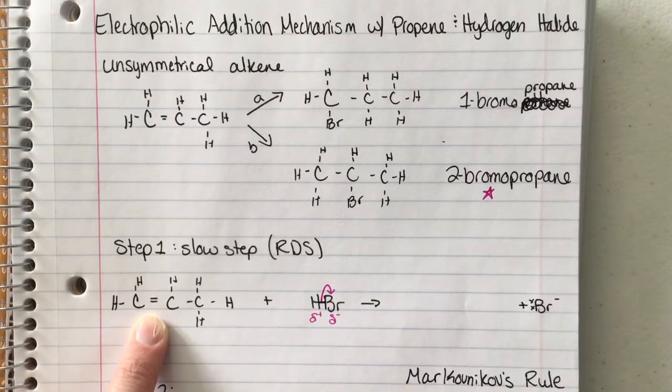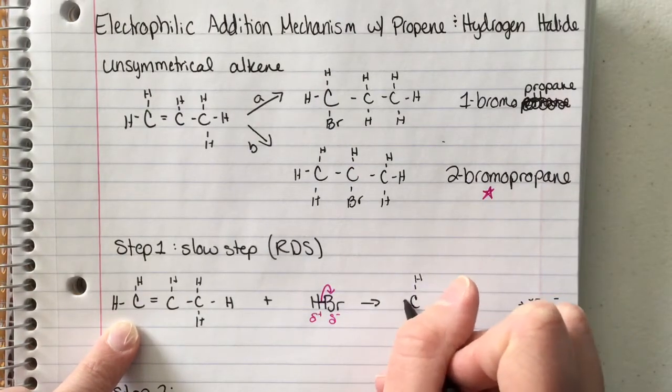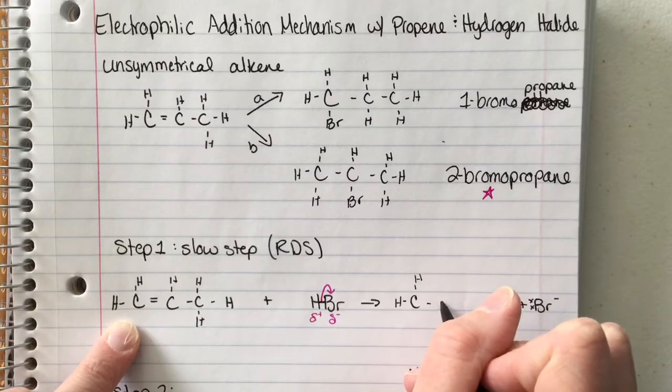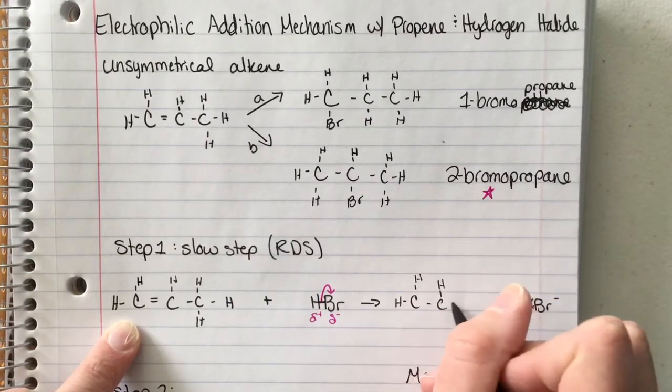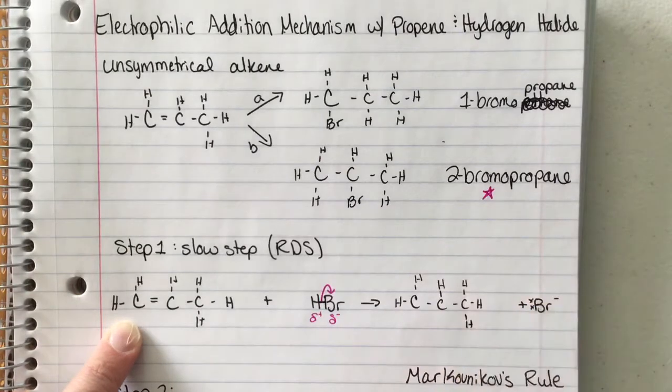But what side does the hydrogen add on to? The answer is that the hydrogen always goes on the least substituted carbon. The other way that I like to explain this is whoever has the most hydrogens will automatically get the new hydrogen.